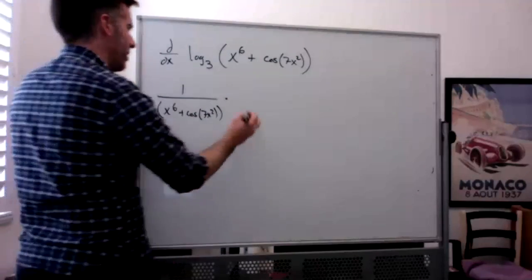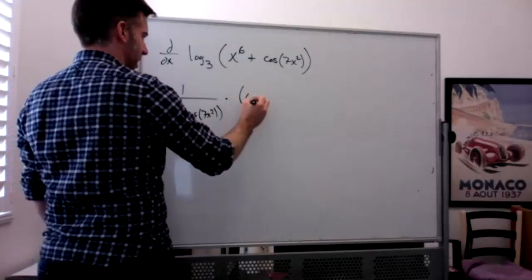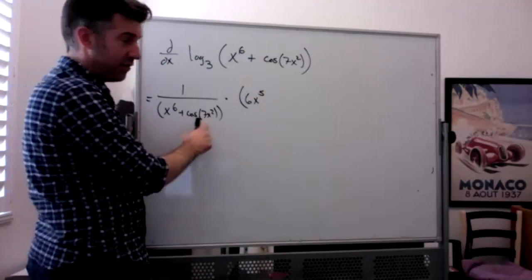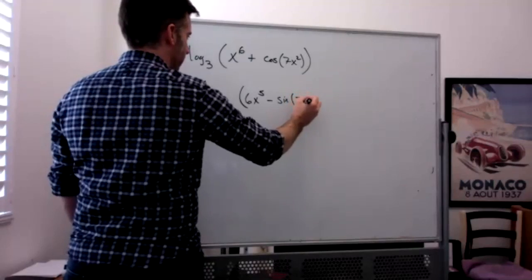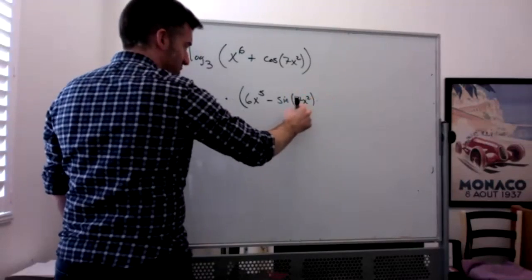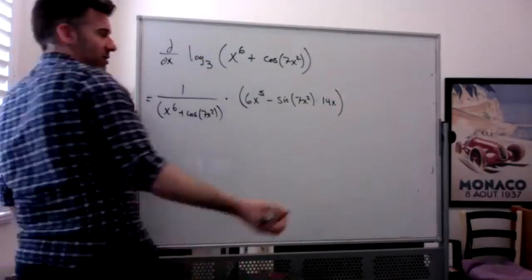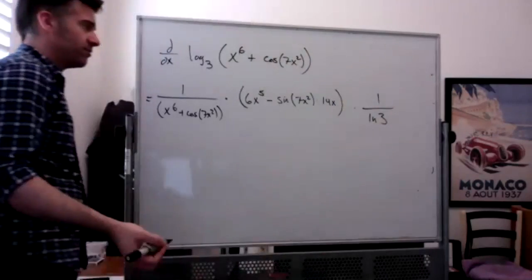Let's go ahead and take it right away. So the derivative of x to the 6th is 6x to the 5th. The derivative of cosine of some other stuff is negative sine of that other stuff times the derivative of that other stuff, which is 14x. And then we also have to divide by the natural log of your base.